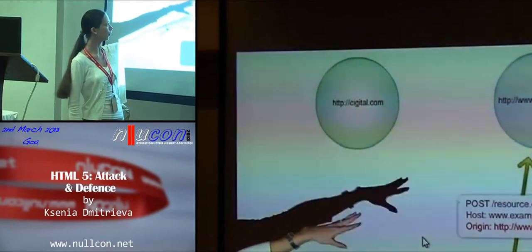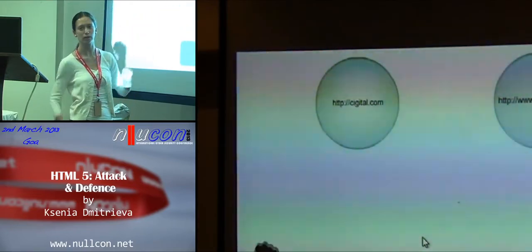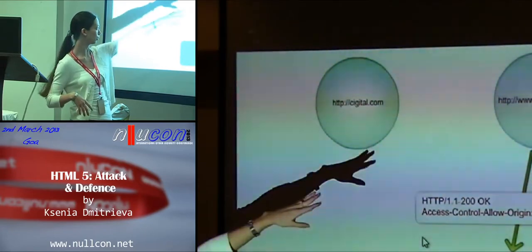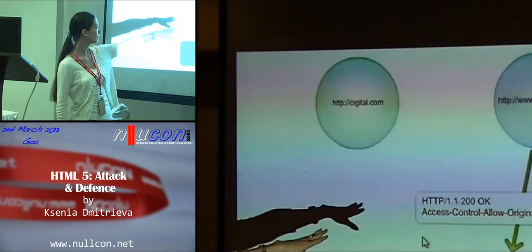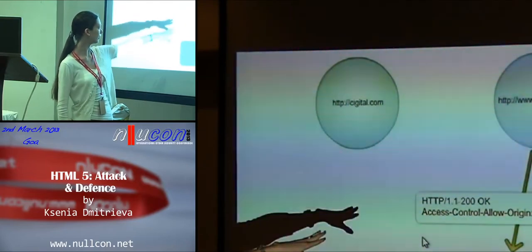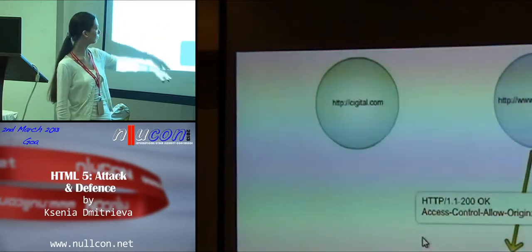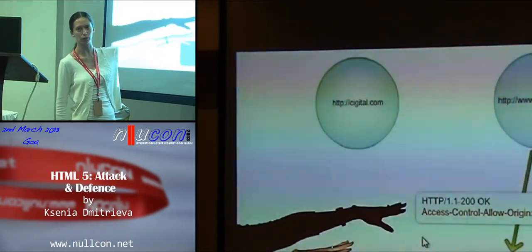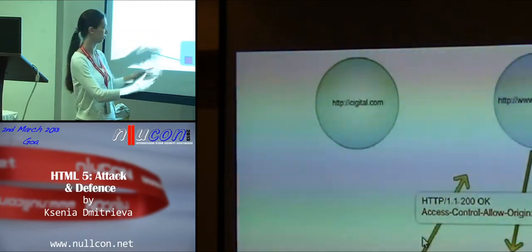On example.com, we have a list of origins that are allowed to get requests from our server. Because digital.com is in the list, we respond with 200 OK, and we specify this header: Access-Control-Allow-Origin. The browser gets it, says, yep, that's where the request came from. Request granted, we got the resource, right?